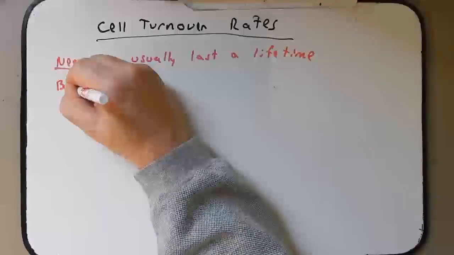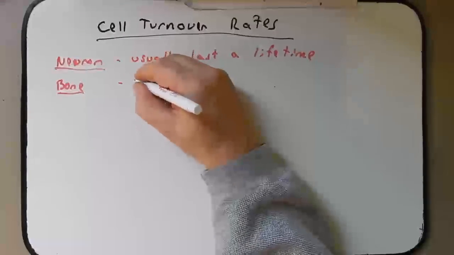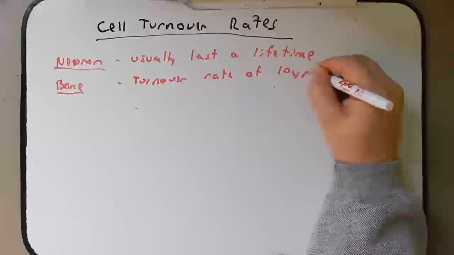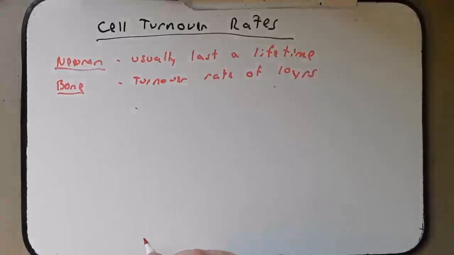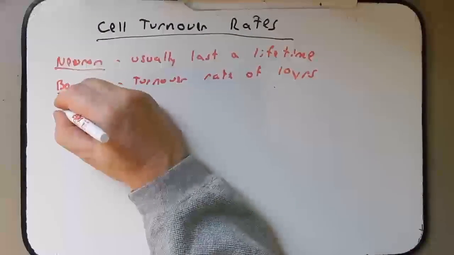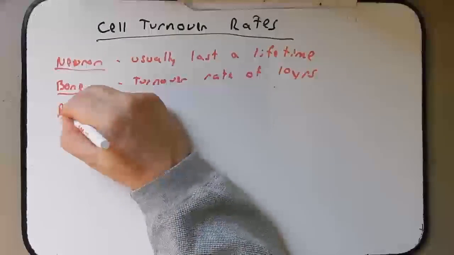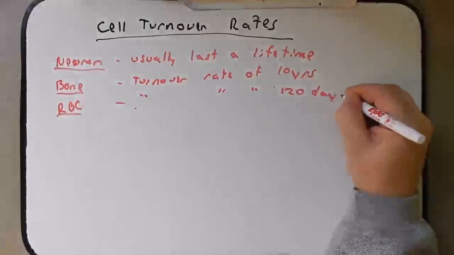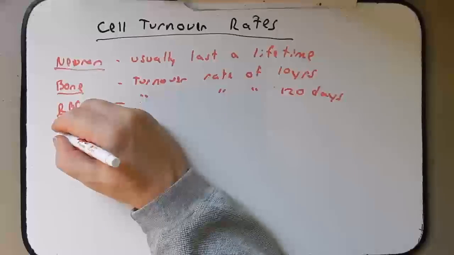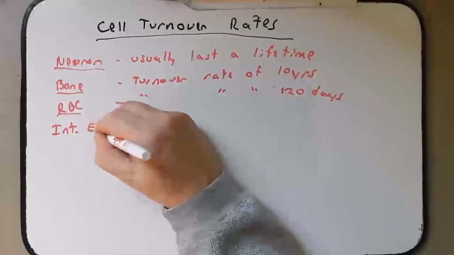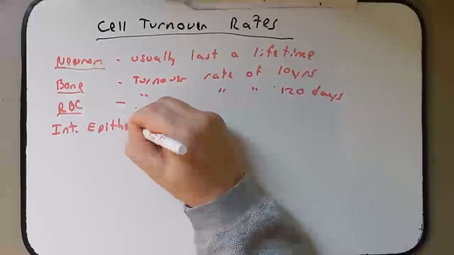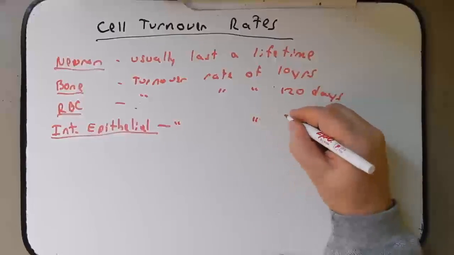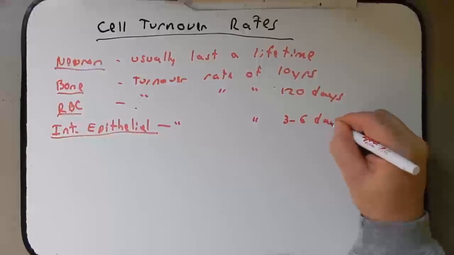Other cells, like bone cells, have a turnover rate of 10 years. So it's a pretty slow process, but your bones do turn over. Then you have things like red blood cells, which turn over every 120 days. And then finally you have intestinal epithelial cells. And they turn over every 3 to 6 days.